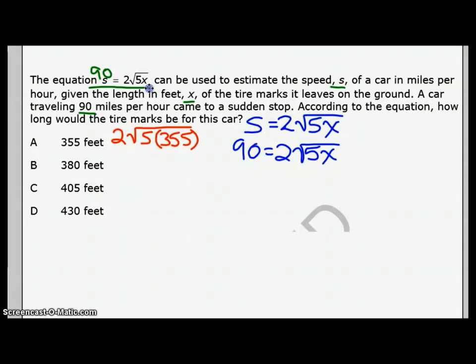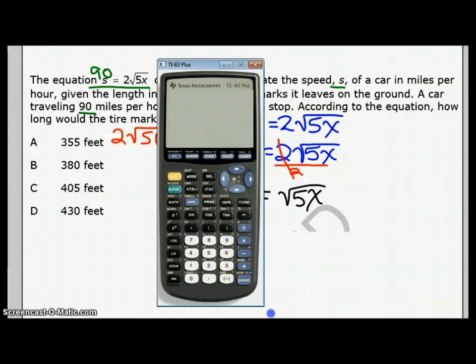So if we do that, we will divide both sides by 2, which will give us 45 equals square root of 5x, at which point, in order to get rid of that square root, we're going to have to square both sides.